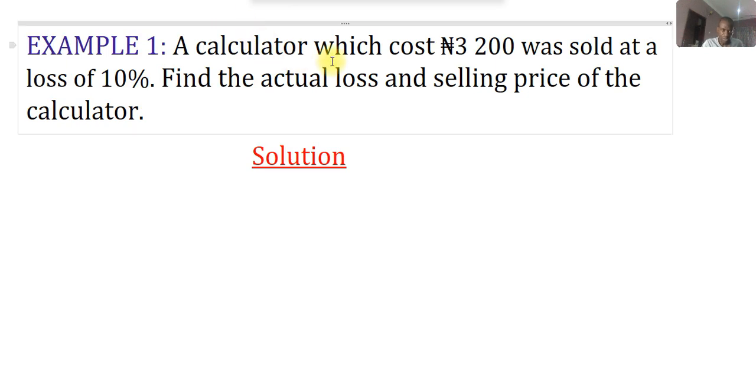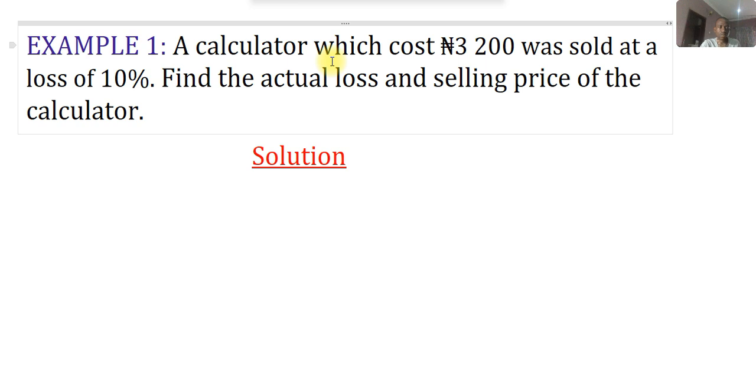Now, this example says a calculator which cost 3,200 naira was sold at a loss of 10 percent. In this case, the actual loss was not given.